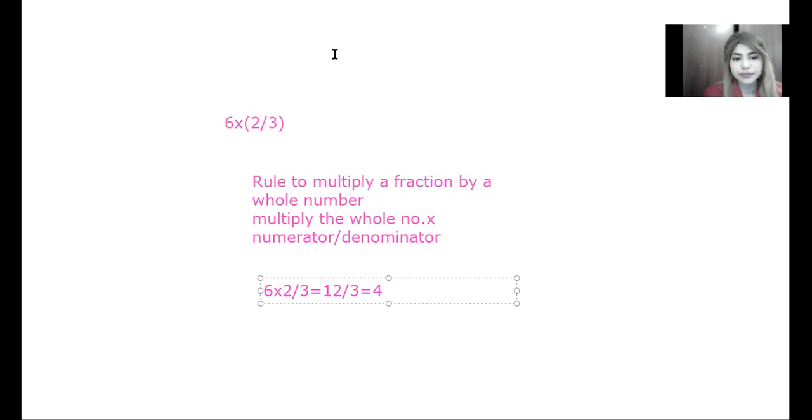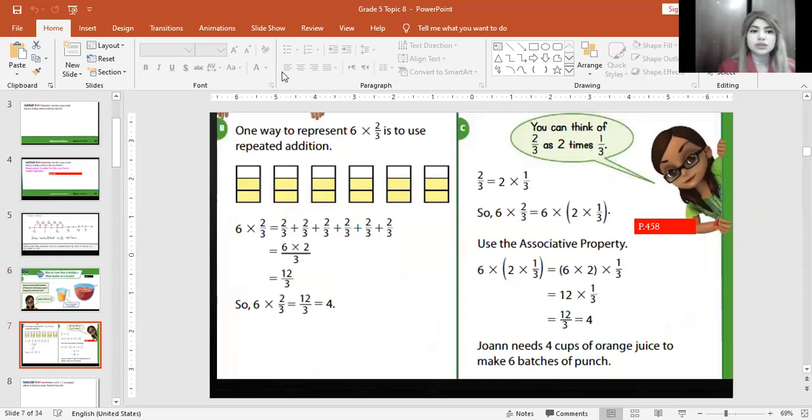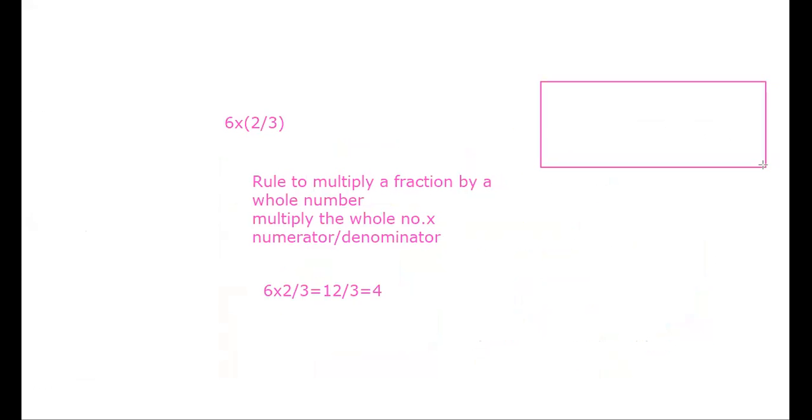Let me show you here. What did they do in the book to solve it? So we had here, as in the drawings, that we separated the 2/3 6 times. So as I told you before, any shape, let me draw it. If I have any shape like this, a rectangle, and I separate this rectangle into 2 halves, so this is called a half, and this is called a half.